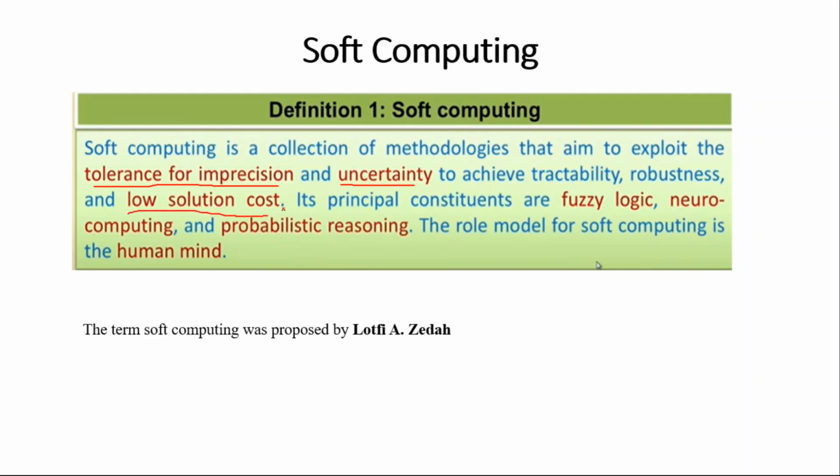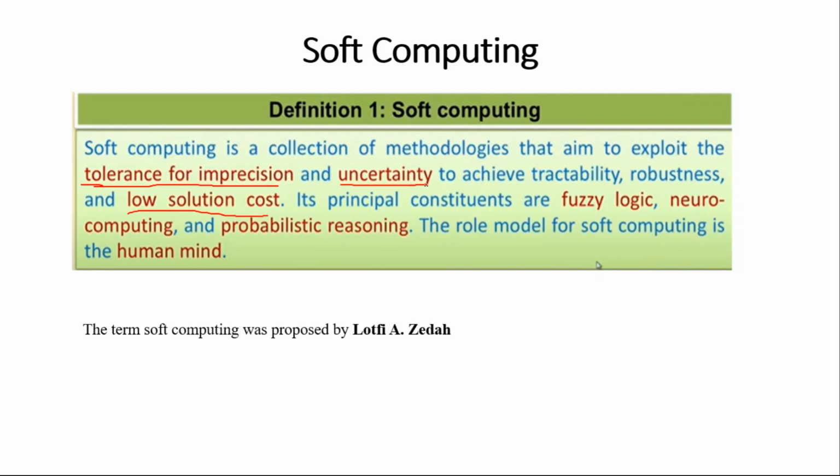That means what? In hard computing, the result should be accurate, whereas in soft computing, the result may not be accurate. That is, the result may not be precise. It can be imprecise also. So soft computing tolerates imprecision to a certain degree, and also it allows uncertainty to a certain degree.